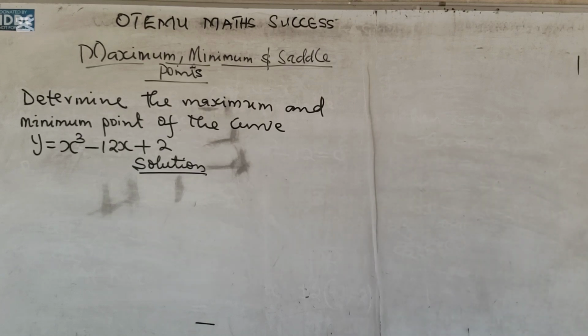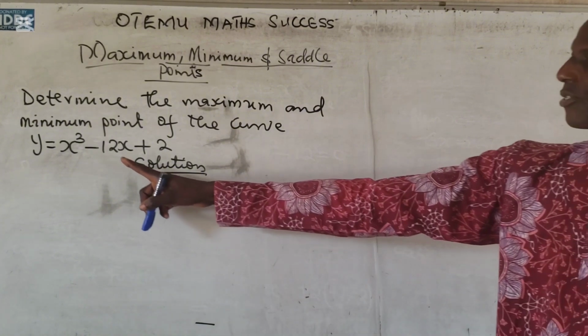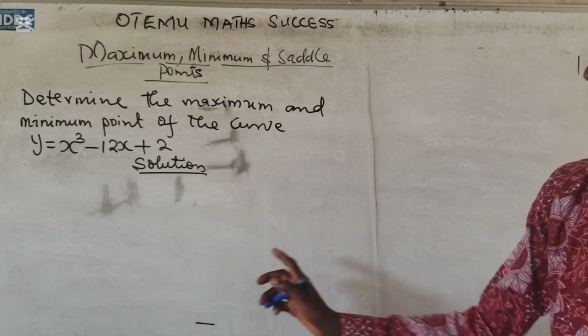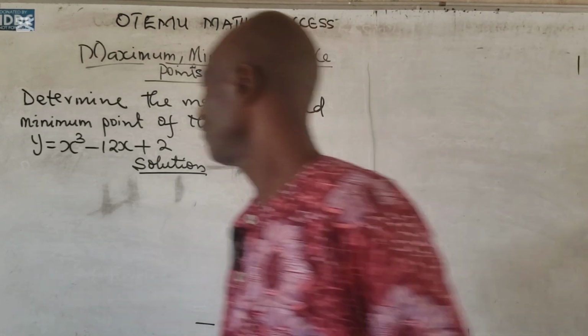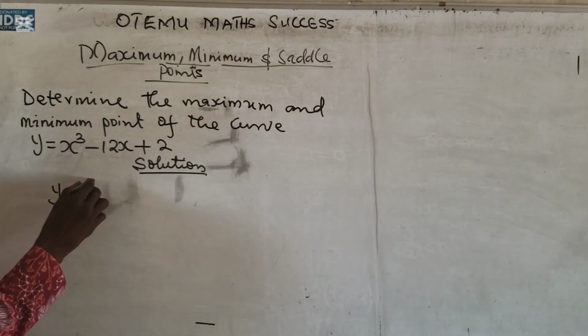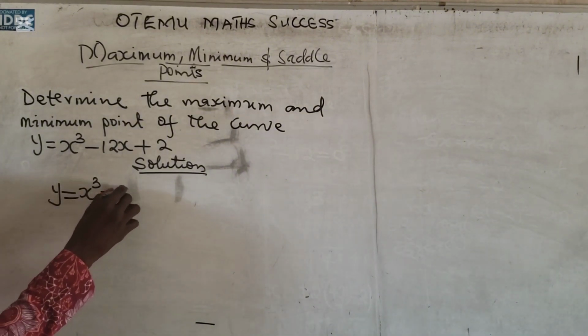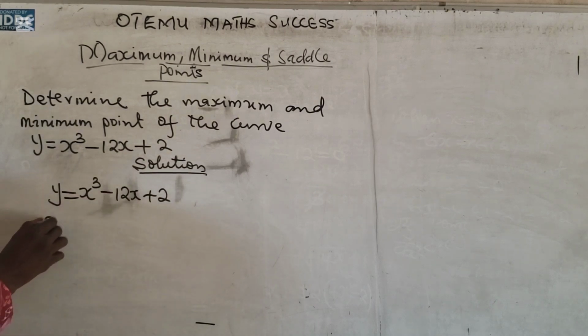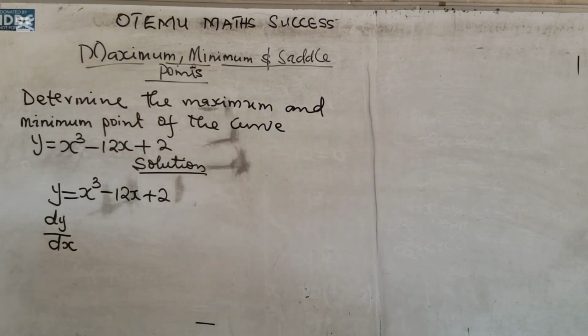Now, let us determine the maximum and minimum points of the curve y equals x raised to the power of 3 minus 12x plus 2. When you are given this type of math, you will first find the first derivative, dy over dx.